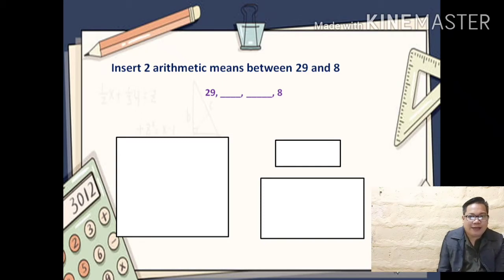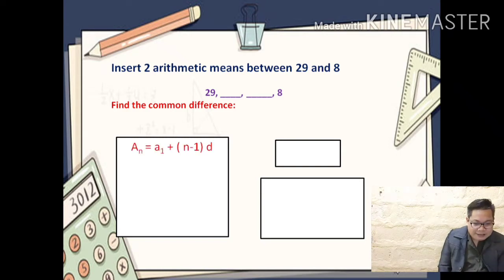Ano ang unang gagawin natin? So, ang unang gagawin natin ay find the common difference. Paano natin gagawin? Meron tayong dalawang paraan para makuha natin ang common difference. Number 1, a sub n equals a sub 1 plus n minus 1 times d. Ang last term natin or a sub n ay 8.